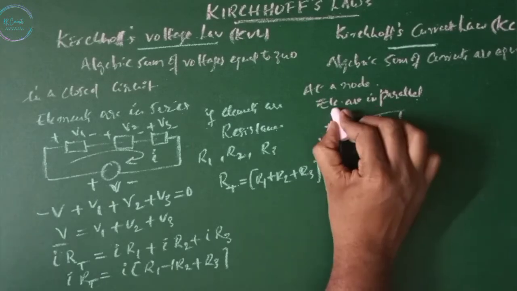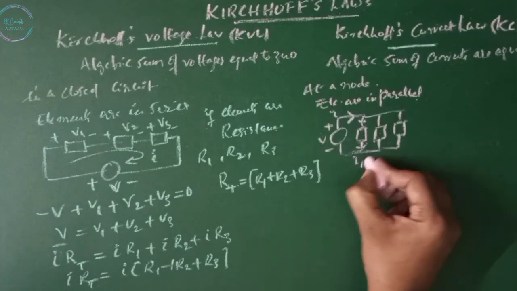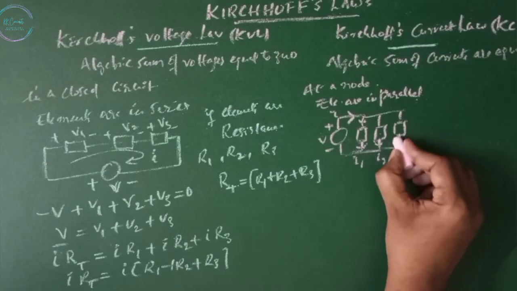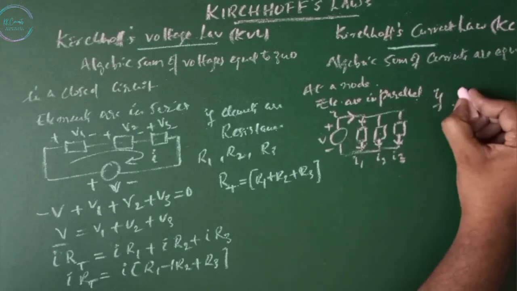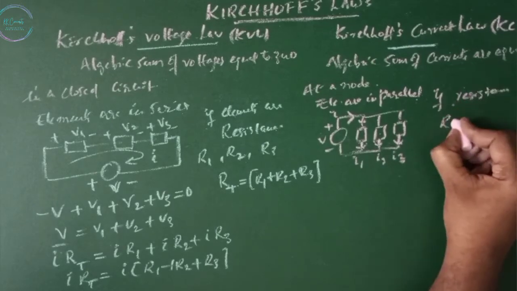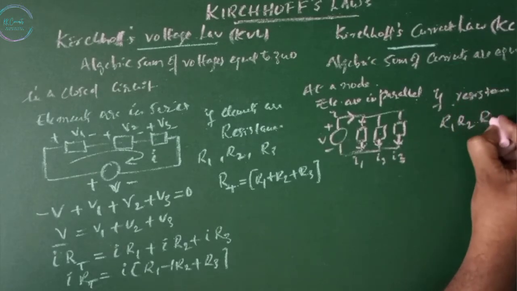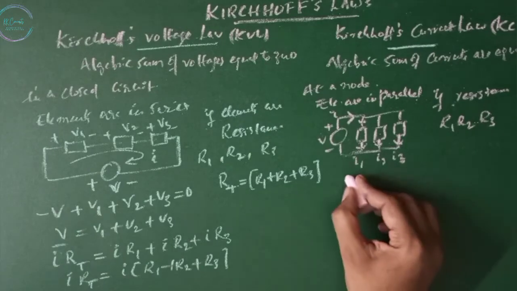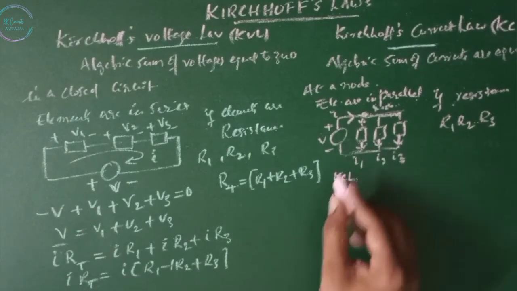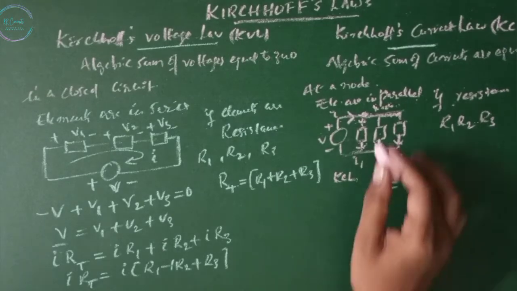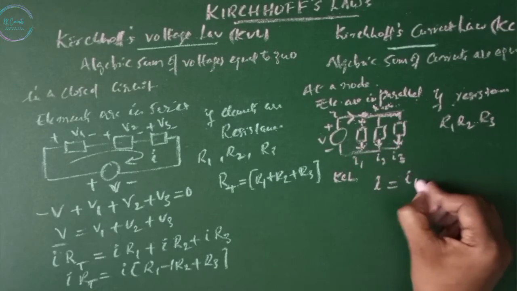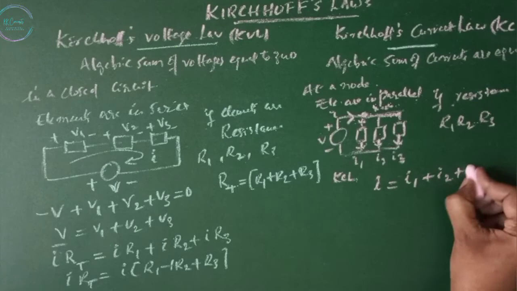Now if the elements are in parallel, this is I, here it is I1, in this branch it is I2, and in this branch it is I3. If the elements are resistors R1, R2 and R3 connected in parallel, then applying KCL at the node, the incoming current I equals the outgoing currents, I1 plus I2 plus I3.